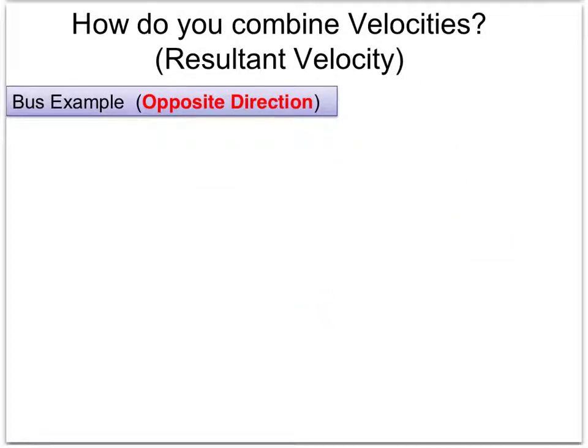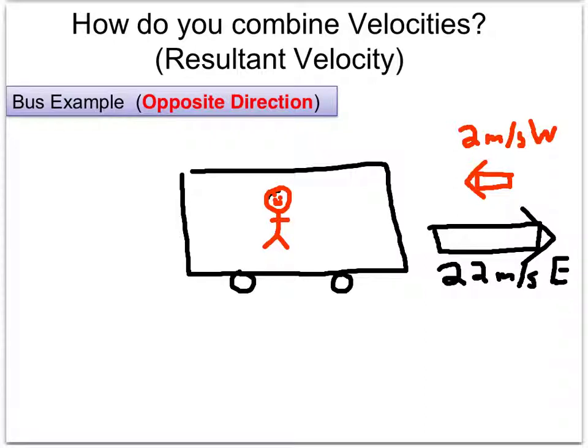Well, what happens if he goes the opposite direction? I'm going to pause it and draw a bus. Okay, I went ahead and drew the picture so you didn't have to watch that happen. Let's say we still have a bus here, and the bus is going 22 meters per second east. This time the person gets up and walks the opposite direction.